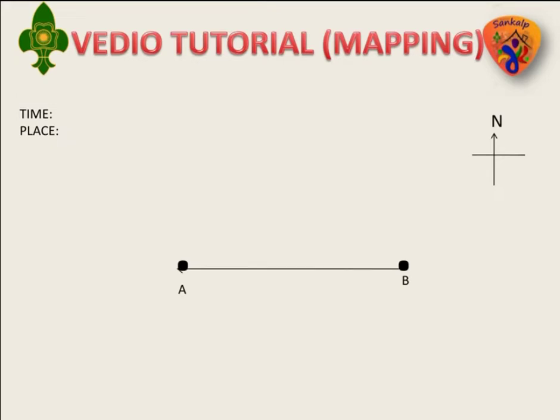As scouts we always measure using our bamboos, which are almost 6 meters in length, and a rope of 3 meters. By using those or other scouting tools we can measure the distance between A and B. Here scale matters very much. How much scale are you going to fix when depicting it in the paper?